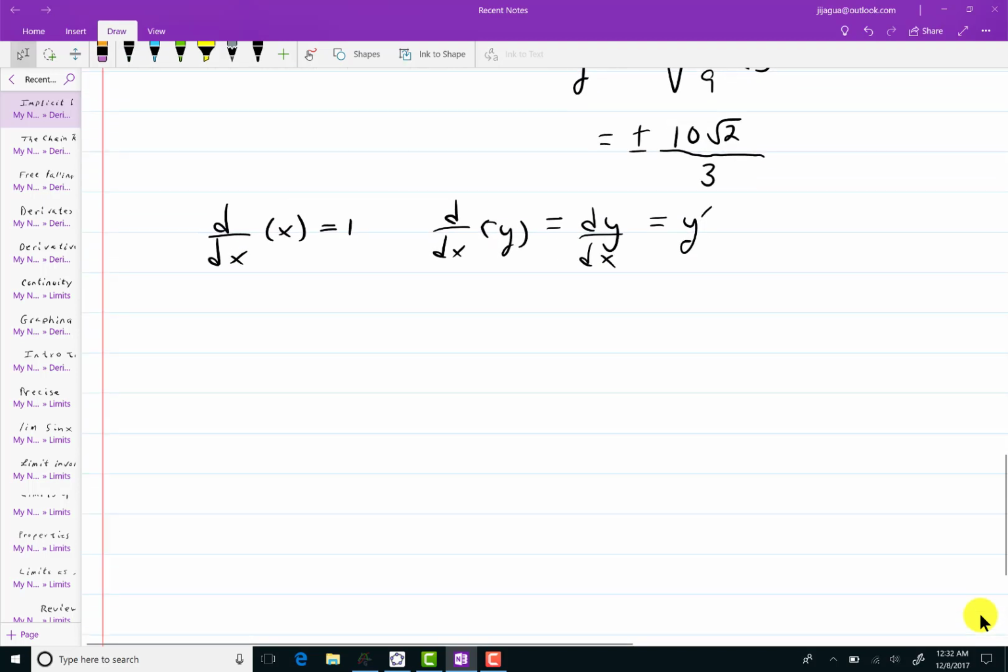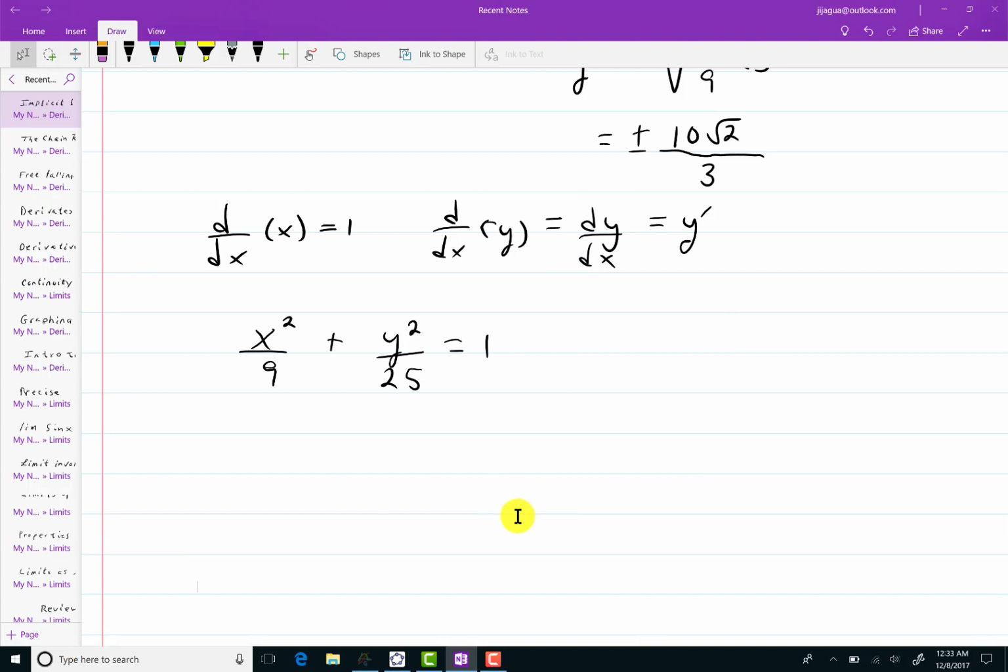Alright, here's how we go. Start with our equation, x squared over 9 plus y squared over 25 equals 1. And remember, we are implicitly assuming that y is a function of x. That's why I'm doing this. I'll simply take the top half or bottom half as needed depending on the point.